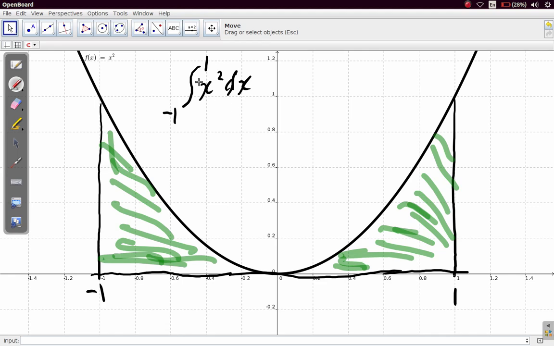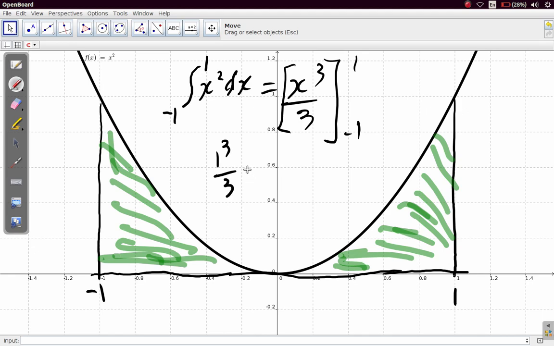Let's see. This is equal to x cubed over 3 from -1 to 1. Now, what we have is 1 cubed over 3 minus -1 cubed over 3. 1 cubed divided by 3 is 1/3 minus -1 cubed divided by 3 is -1/3.